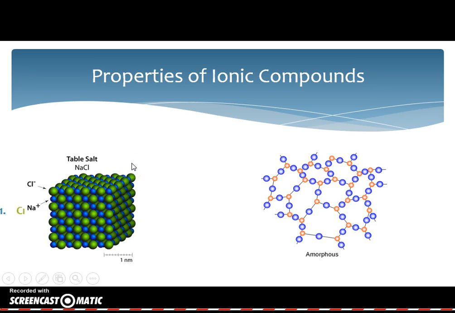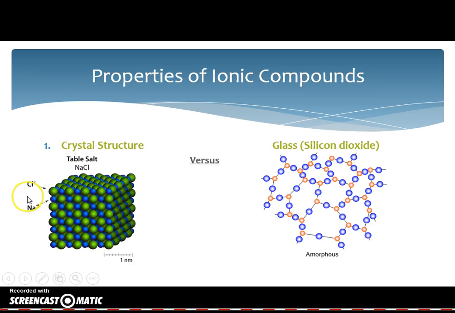All right, so properties of ionic compounds. Well, the first one is that ionic compounds have crystal structures. They form these nice, pretty, perfectly arranged structures. This is table salt, a very common ionic compound. We're going to use it a lot for what you see here today. Notice how everything is arranged.